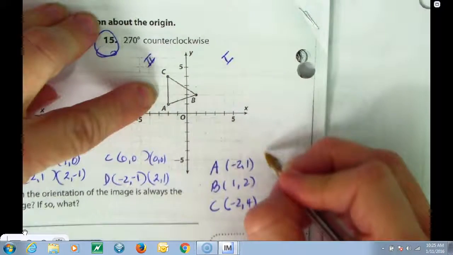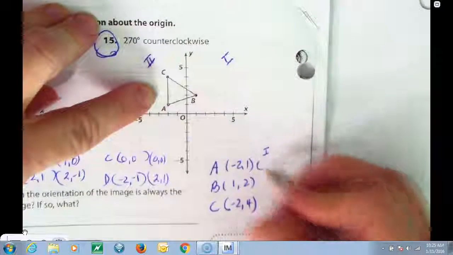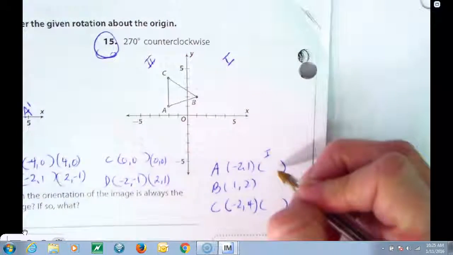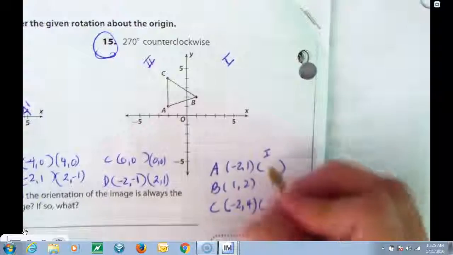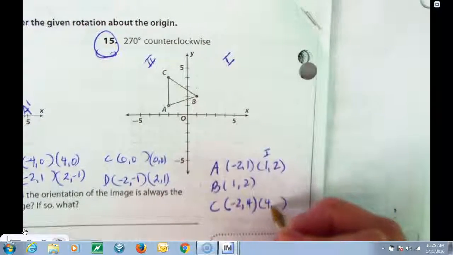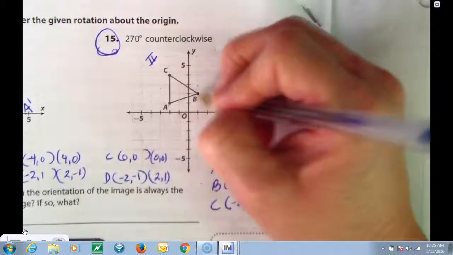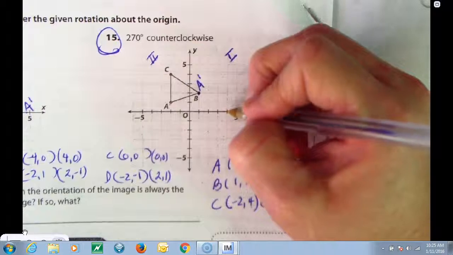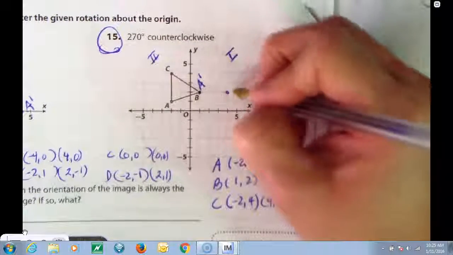So we switch the numbers, right? And they're in 1, so it's positive, positive. 4, 2. So 1, 2, that's A prime now. And 4, 2 is C prime.